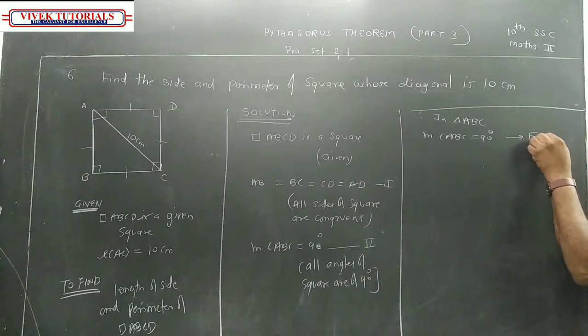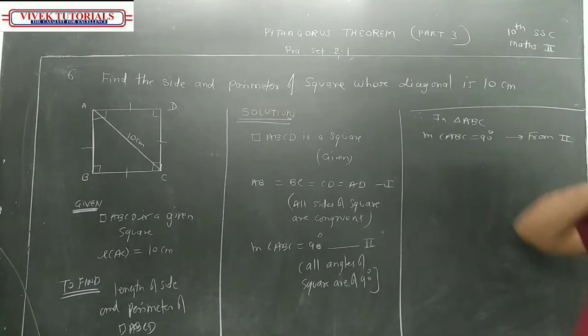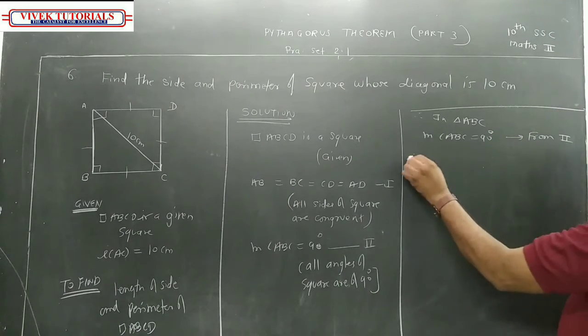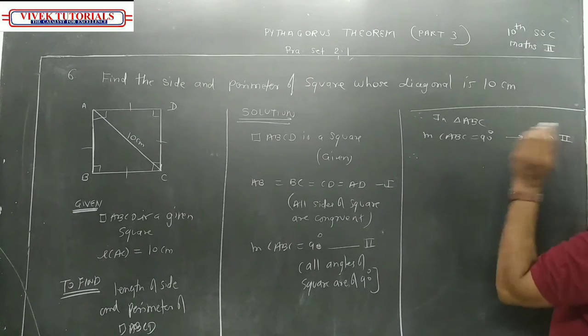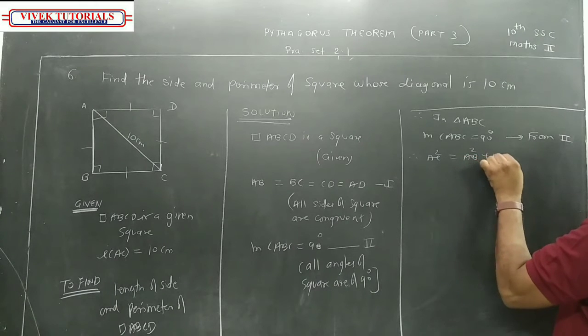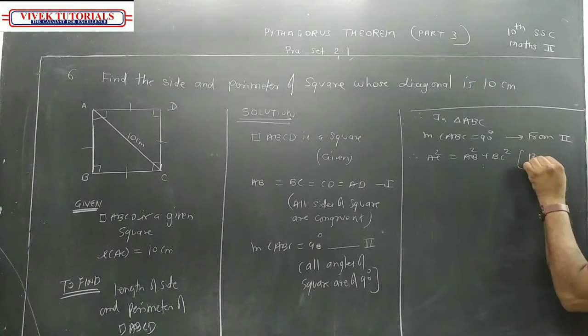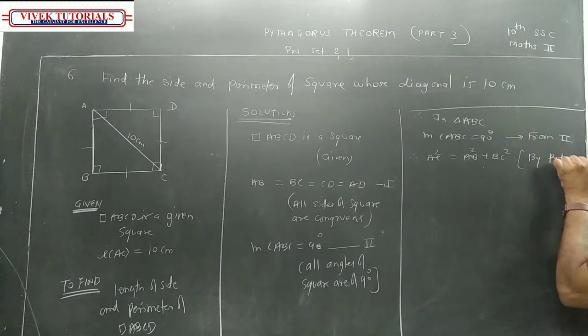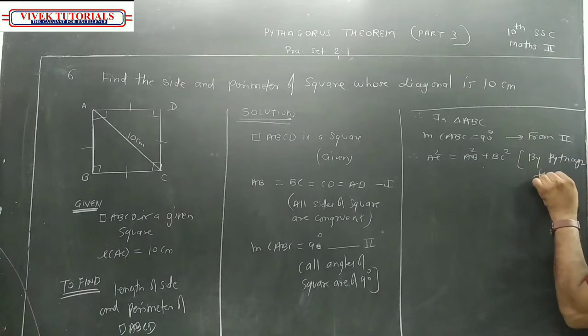Here you can write from 2, angle of a square. Correct? Therefore, we can write AC square is equal to AB square plus BC square by Pythagoras theorem.